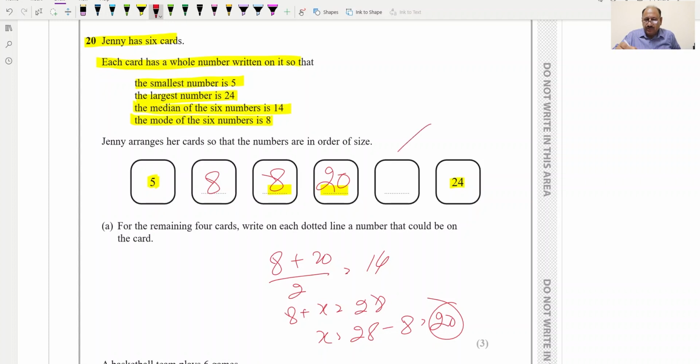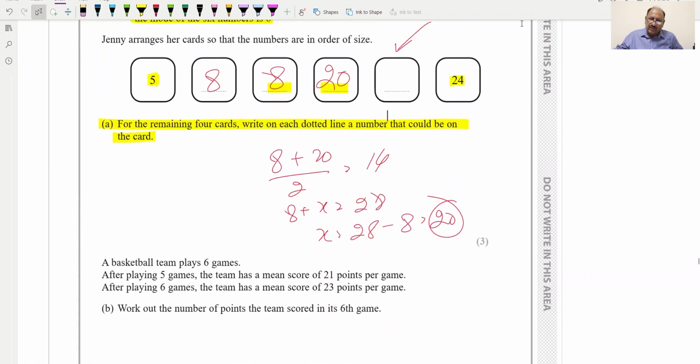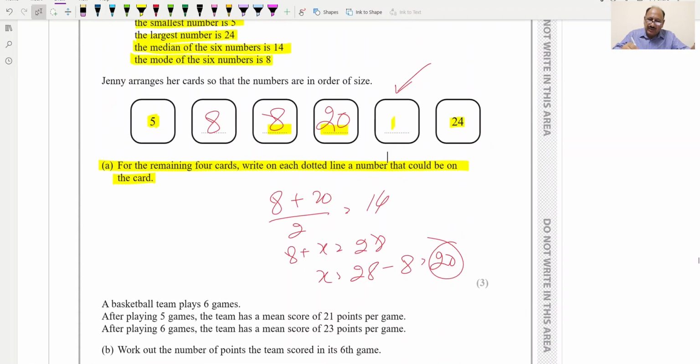Now this number is remaining. They are saying for the remaining 4 cards, write on each dotted line a number that could be on the card. So we have written all the numbers, only this number is remaining, and basically this x number can be any number between 20 and 24.